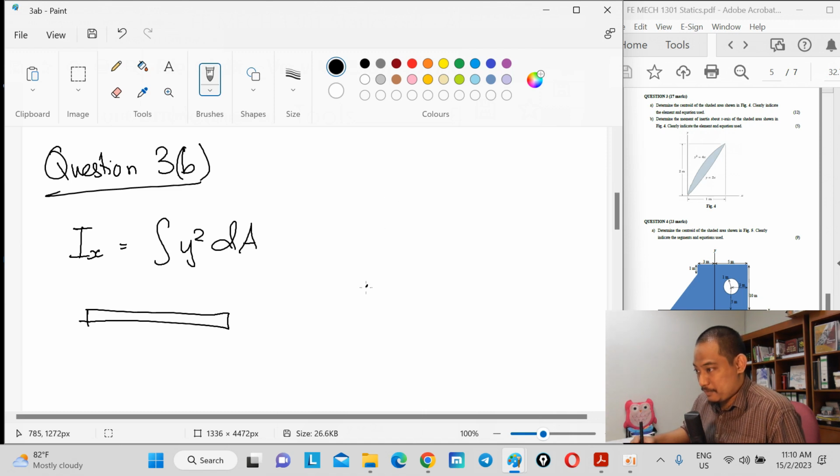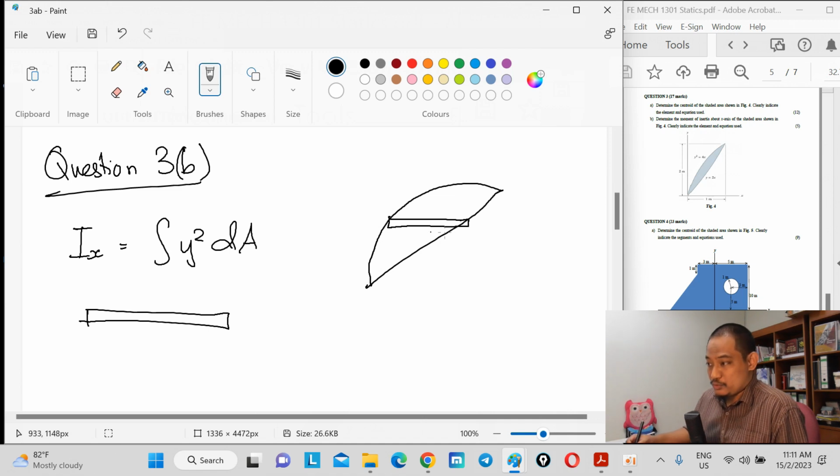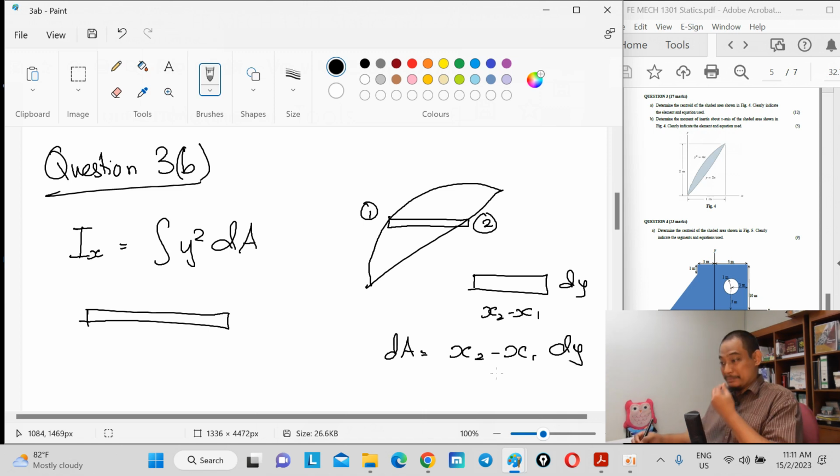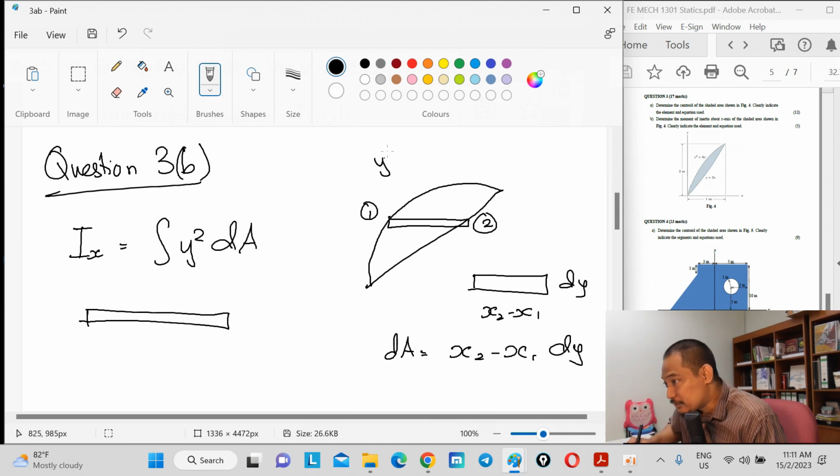So this one, right? If we label this 2 and 1, then this becomes x2 minus x1, and this is dy, which means dA is x2 minus x1 dy, right? Based on the equation, y squared equals 4x, so x equals 1 over 4 y squared.